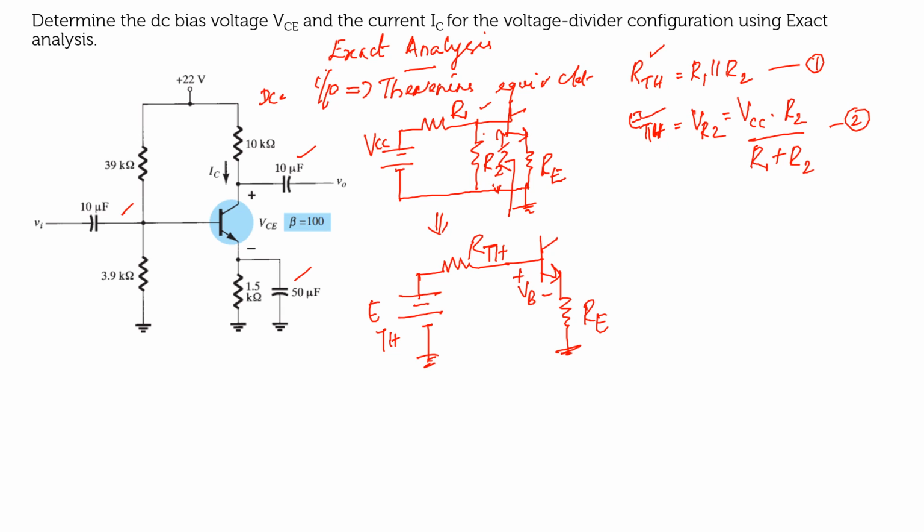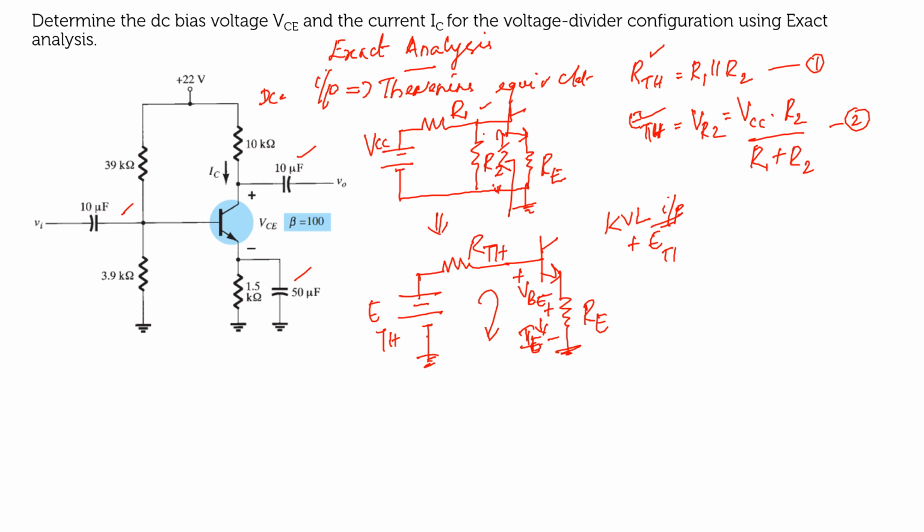The voltage here will be VBE. Here the current is IE, so VE will be equal to IE into RE. If I apply the loop equation across this, what will be your loop equation? It's minus to plus, so it will be plus ETH if I apply KVL across the input loop.